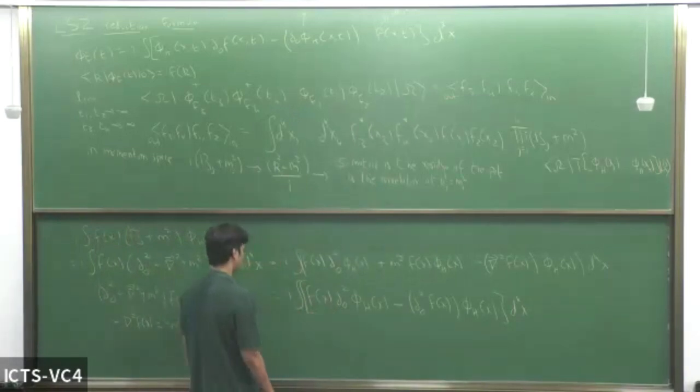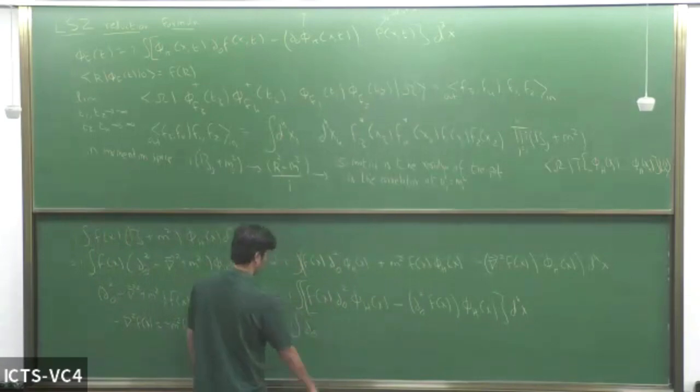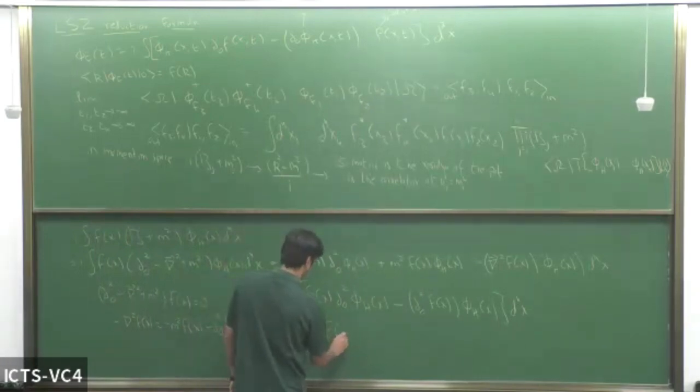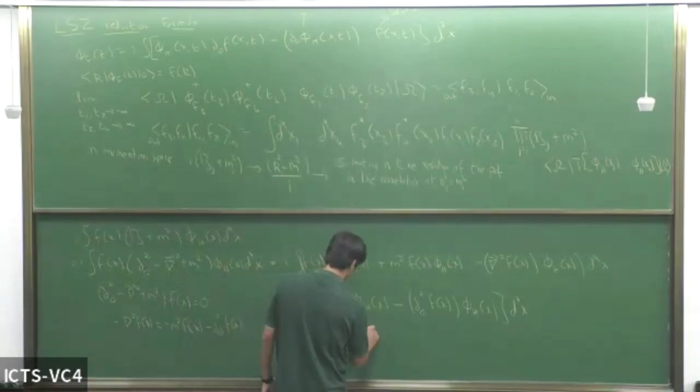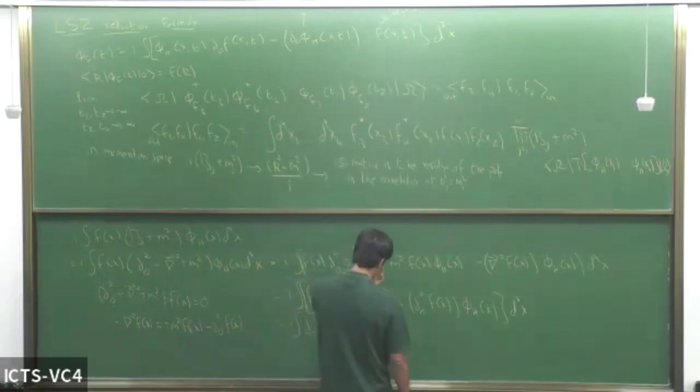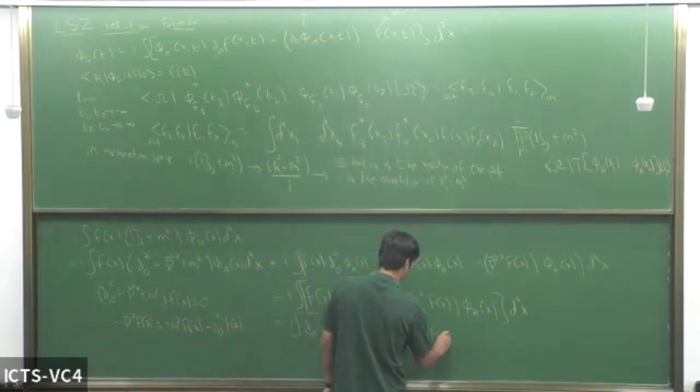So you can think of this as I times integral d0 of f of x d0 phi h of x minus d0 f of x phi h of x.